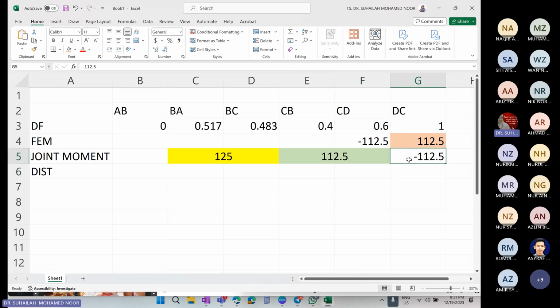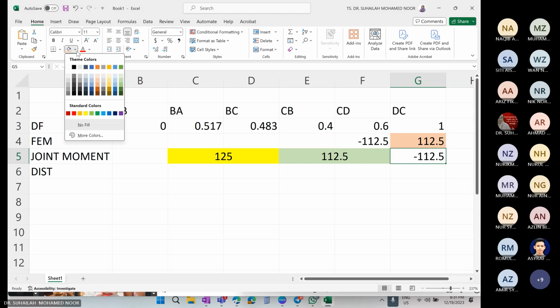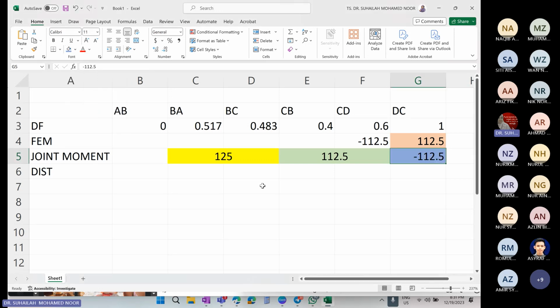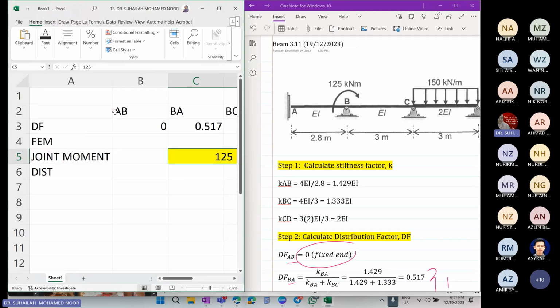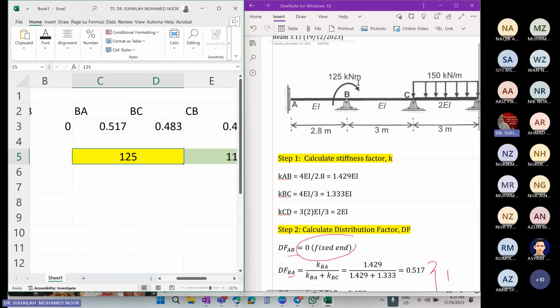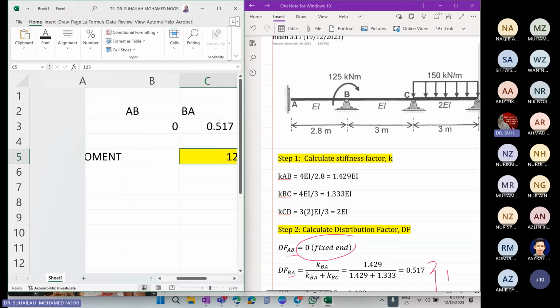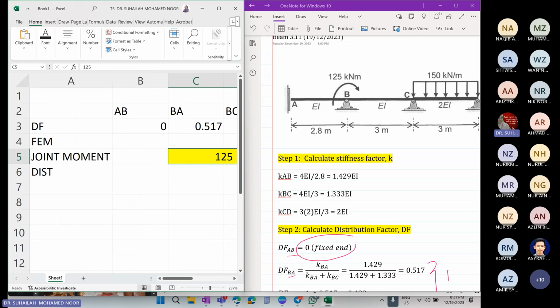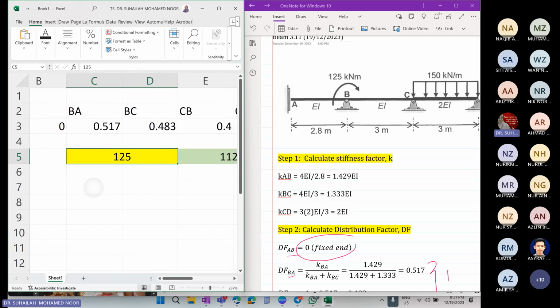This is joint moment at D. This is joint moment 125. We get it directly from the diagram. It is 125, the applied moment subjected at joint B. So it is joint moment for B. That's why I put it at the center of BA and BC. It does not come from fixed end moment.